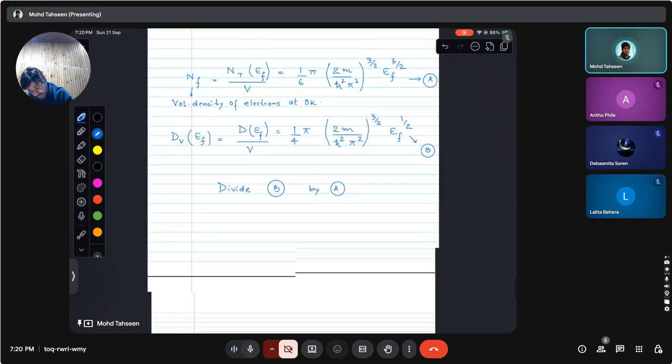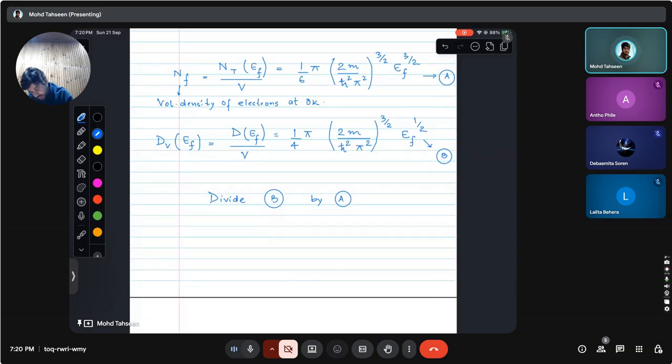We have to take this expression here and divide by this. On the left hand side we will have dv EF divided by NF. It will be equal to, so we will see large cancellation here. The only thing which will survive is 2 by 3, I think. It will be 3 by 2.